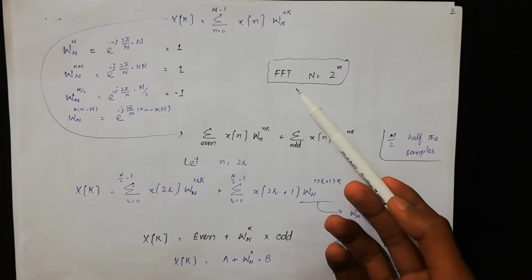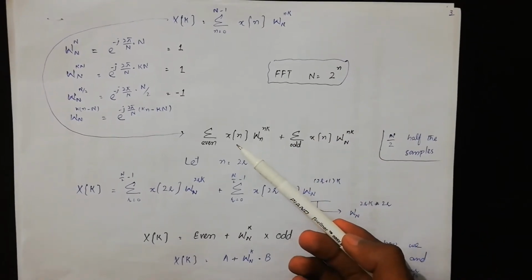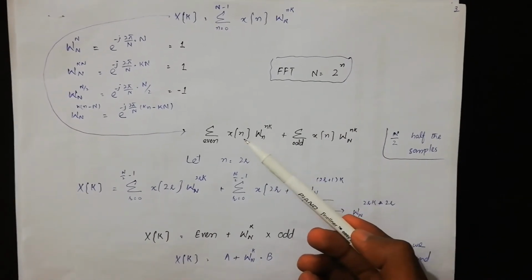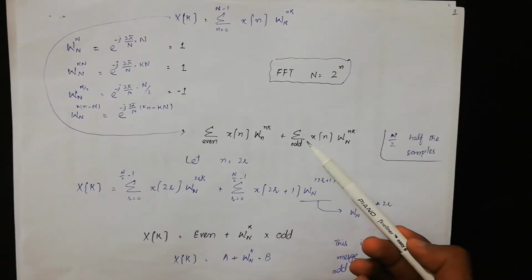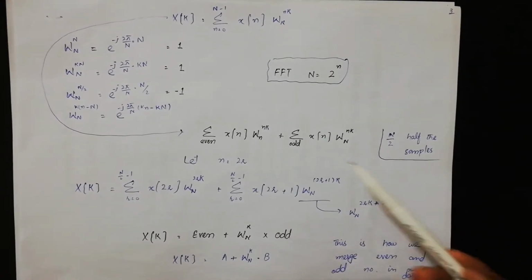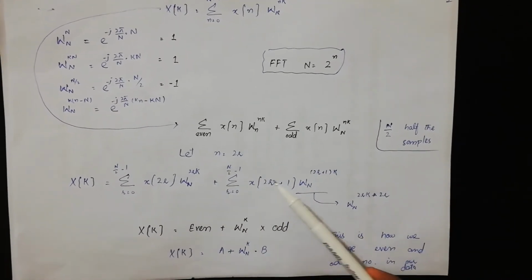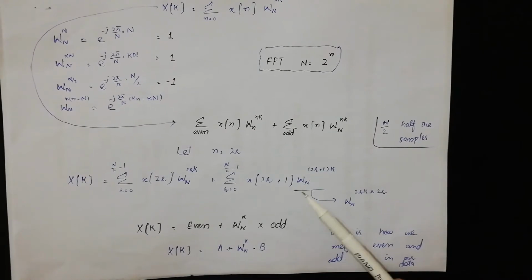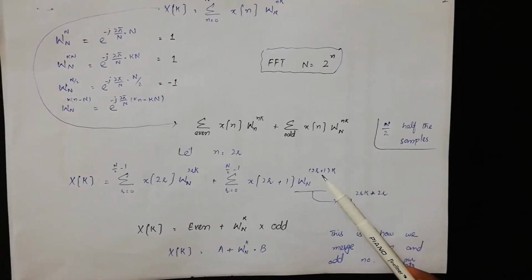In fast Fourier transform N is equal to 2 power n. We partition the formula of Fourier transform into two parts, for even signal and odd signal, even values and odd values, where N by 2 is half the samples. If we divide this, put n equal to 2r and plug into this formula, here we have omega N power (2r plus 1) into k.